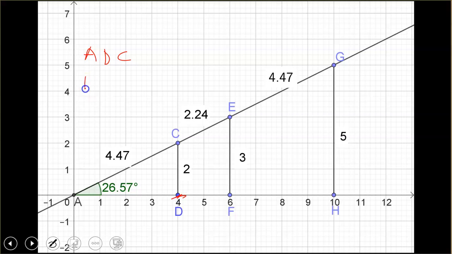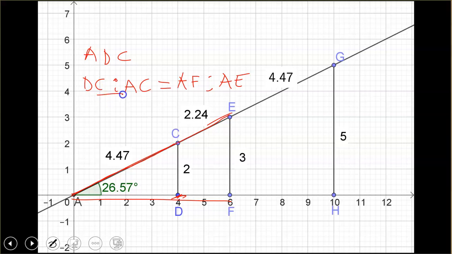Now, if I pick DC and I take the ratio of DC to any of the sides, let's say AC, then this should be the same as if I make reference of AF is to AE.